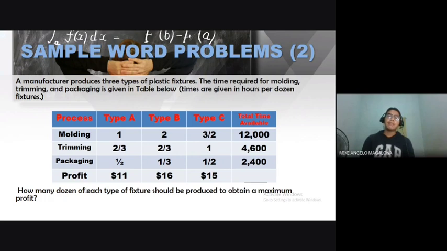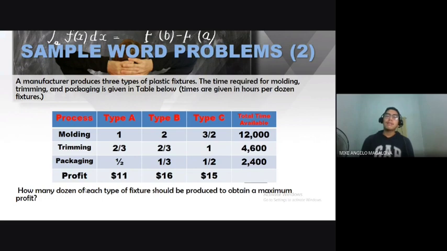For type B, the molding time in hours is 2, trimming 2/3 as usual, and for packaging it will be 1/3. In type C, the time is 3 halves for molding, 1 for trimming, and 1 half for packaging.